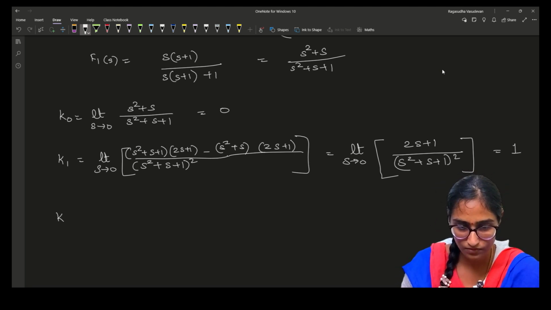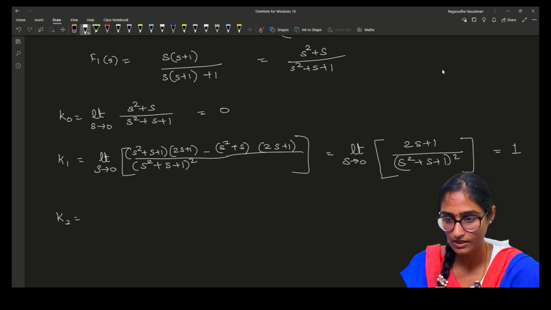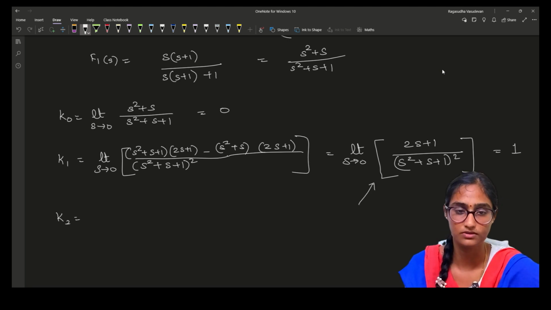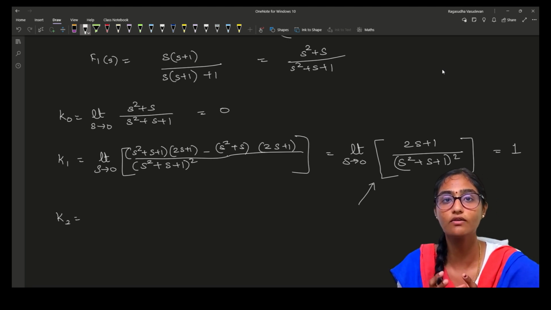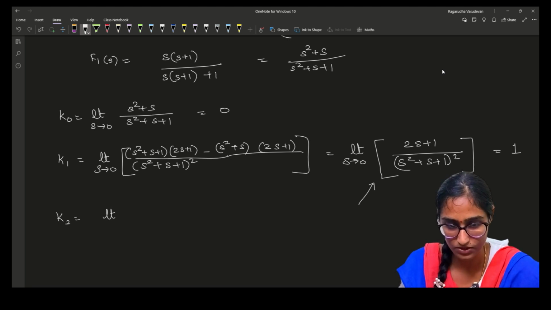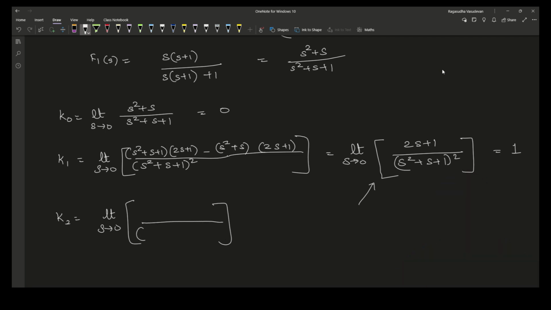What's K2? K2 will be one more derivative of this. That's all, because it's the second derivative of f1 of s. For finding K1 we found the first derivative, and now we are going to take the second derivative, which is limit s tends to 0. Just differentiate this further.